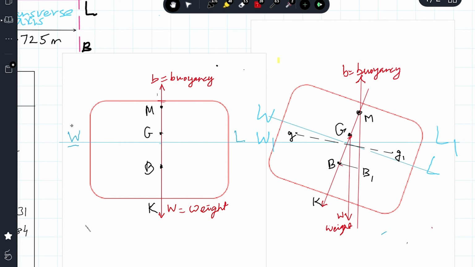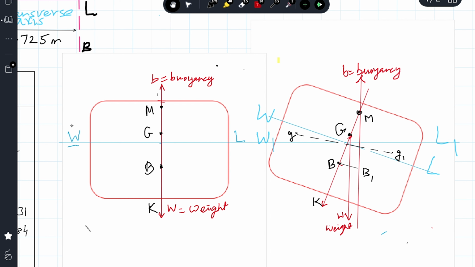And it's initial metacenter, because up to small angles of heel less than 15 degrees, it is considered fixed, meaning not changing much. So for stability calculation, we consider it a fixed value up to small angles of heel less than 15 degrees.